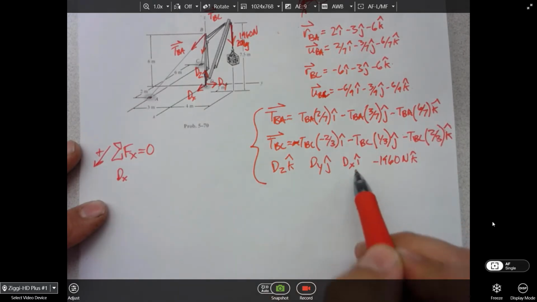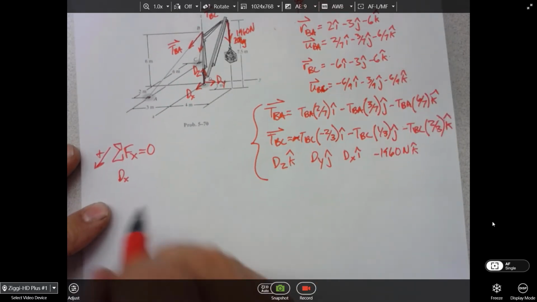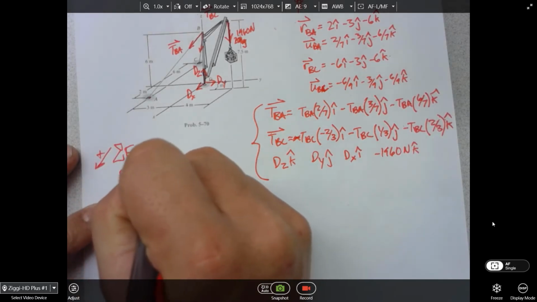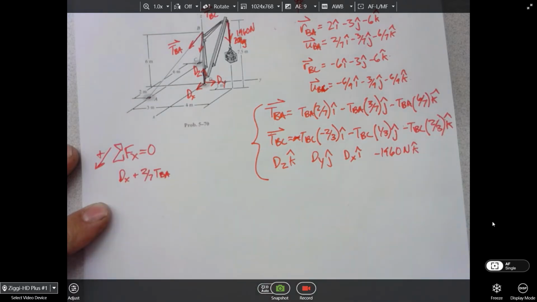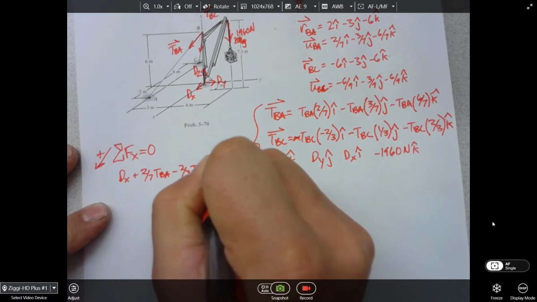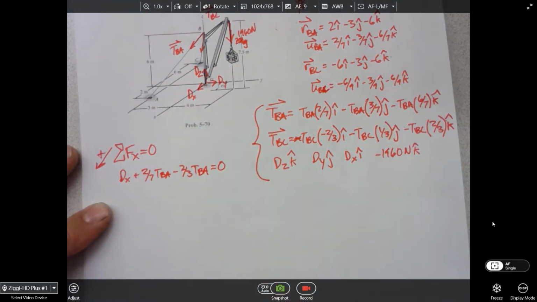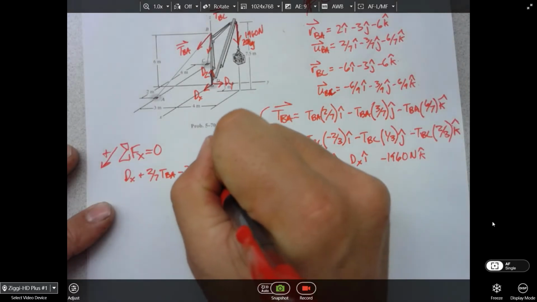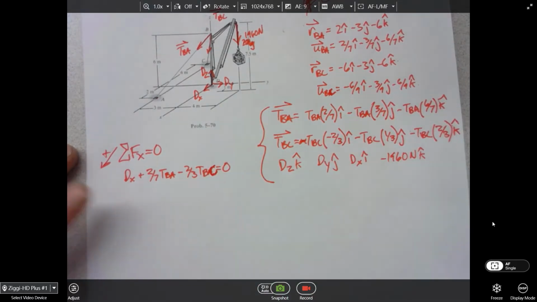And none of these do. So then I'll just have plus 2/7 TBA minus 2/3 TBC equals 0. Ah, yes, thank you. TBC. All right.